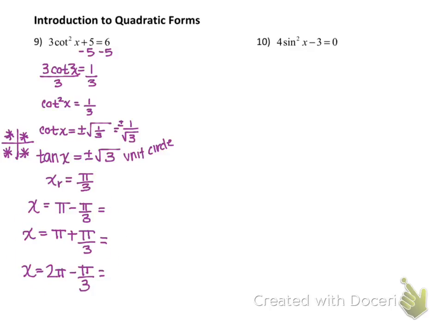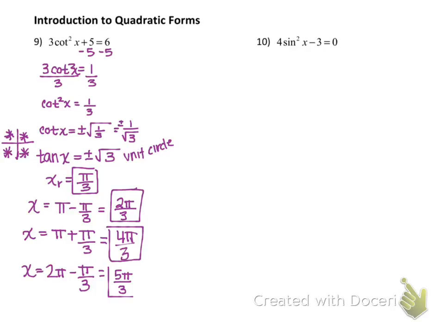So if I took pi over 3 and I reflected it into quadrant 2, that's 2 pi over 3. If I reflected that into quadrant 3, I'd get 4 pi over 3. And if I reflected it one more time into quadrant 4, I'd get 5 pi over 3. So I have 4 solutions, all because it was quadratic, and when we solve quadratics, we have to do plus or minus.